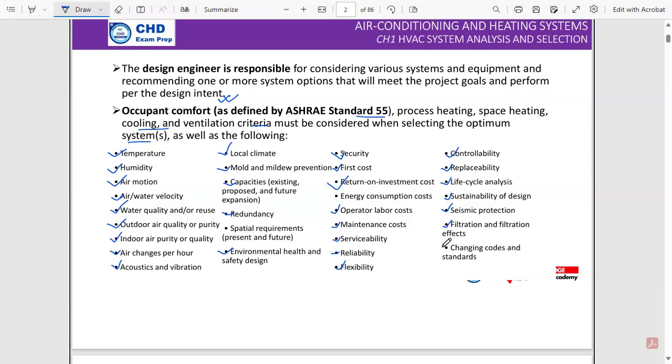Filtration is important. Changing code and standards. Right. So all of these are important factors that you are going to consider before designing a project.